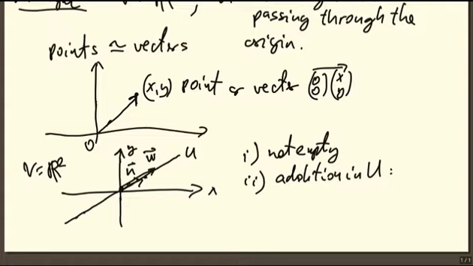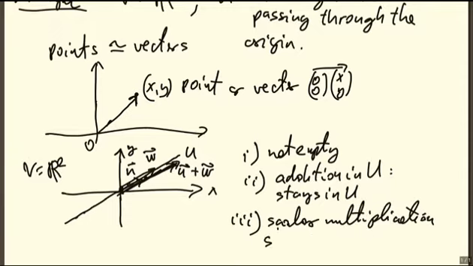Then you have to know how to add vectors: you put one to the tip of the other, shifting parallel to itself, and then you get the vector u plus v, and it's also in the same line. So u plus v will be parallel to u and v, and it's in U. So addition stays in U. And then if you look at scalar multiplication, it also stays in U.